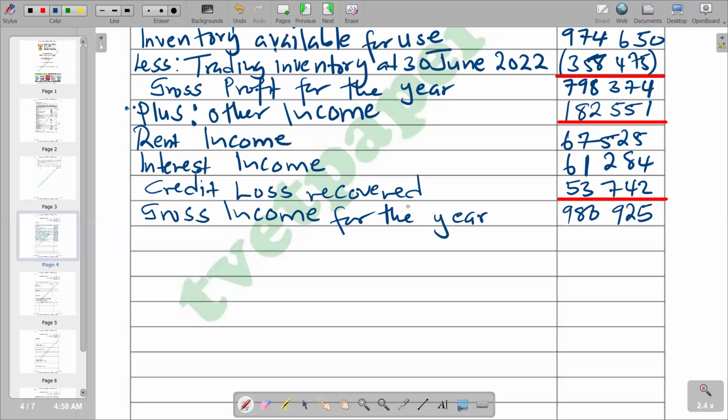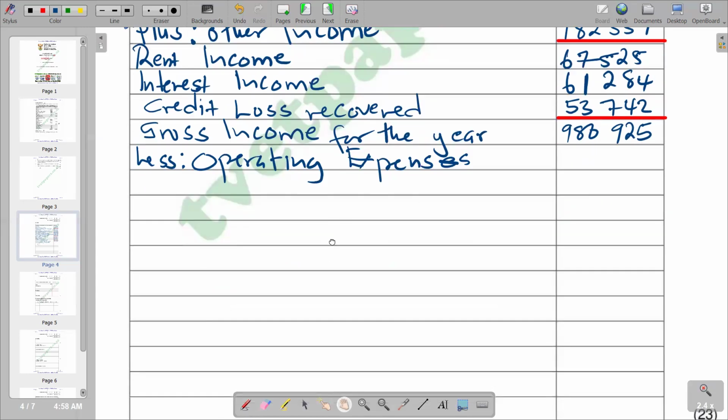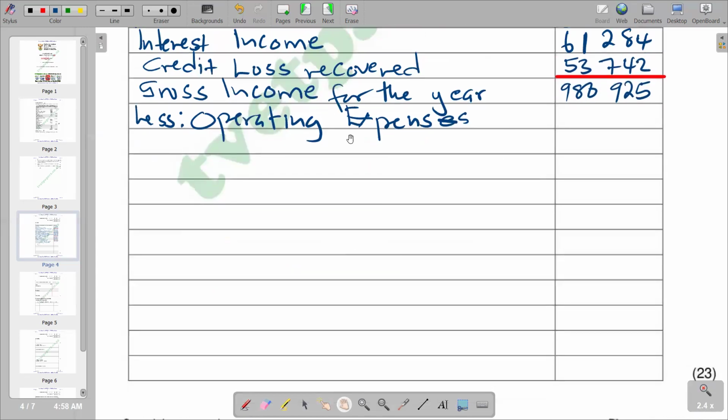And then from there, you're supposed to less our operating expenses. So we just say less operating, whereby we are going to list all the operating expenses that we have in the question. Then after listing, we add the total, and the total should come in line with the description for operating expenses here.